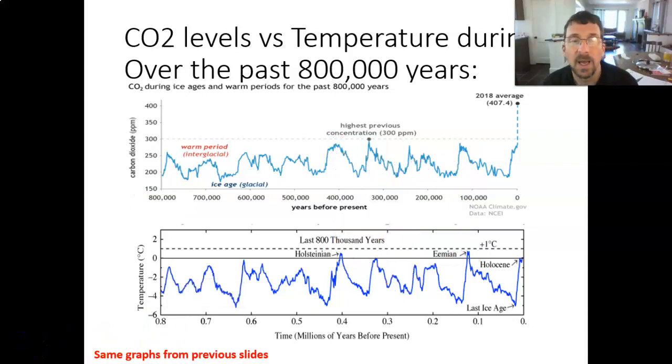Now you might be wondering how we know that the carbon dioxide levels were at these different concentrations in time. As it turns out, this is coming from data taken from what are called ice cores. This is where we go to places in the world where we have glacial ice that's built up over hundreds of thousands of years.